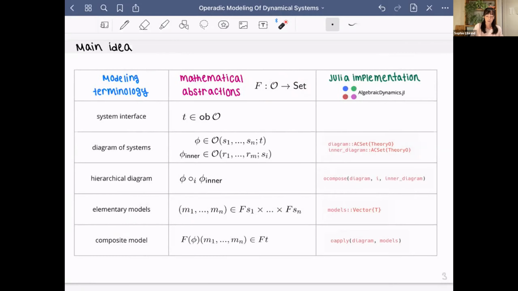And finally, as part of the AlgebraicJulia ecosystem, we've implemented a package called AlgebraicDynamics, which turns all of those mathematical abstractions into executable code that scientists can now use to build and analyze these compositional models.